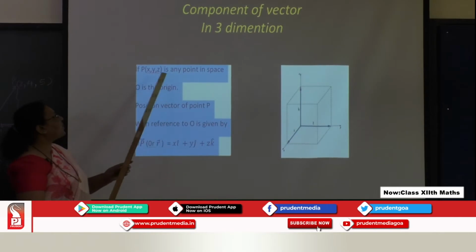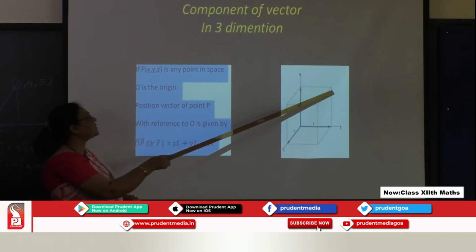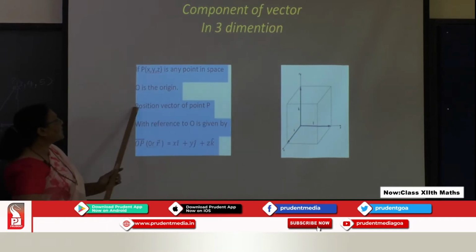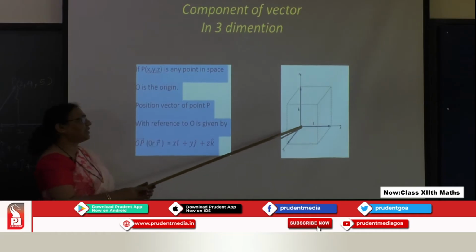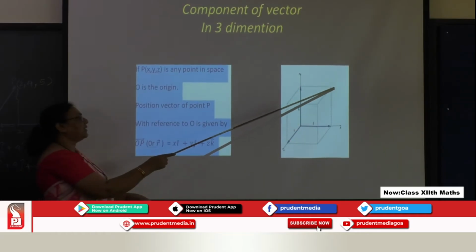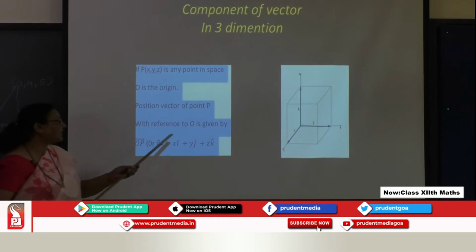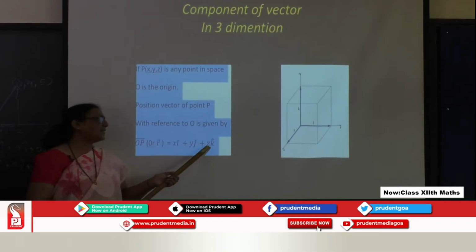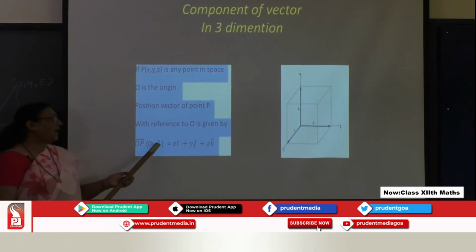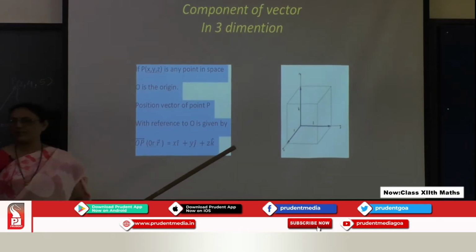Suppose P (x, y, z) is any point in space, and the position vector of point P with reference to the origin, this is the origin here and point P is here, then the vector OP from O to P is given by x times i, y times j and z times k. So i, j, k are unit vectors along the x, y and z axis respectively.